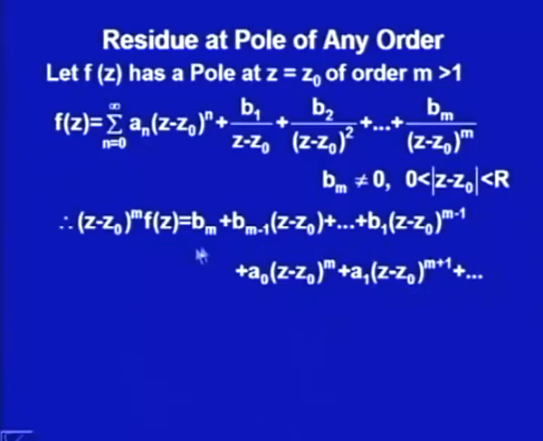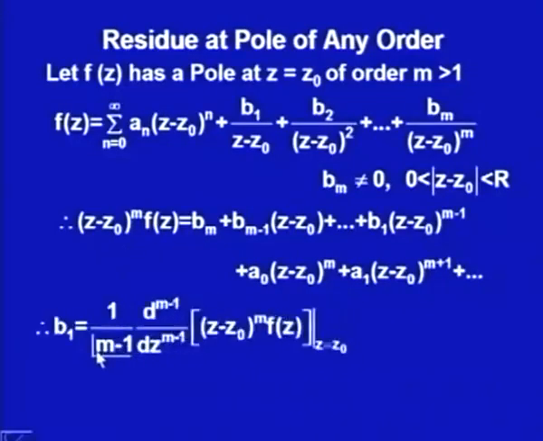That says my residue of f at z equal to z naught, where z naught is a pole of order m, is actually the coefficient of (z - z naught)^(m-1) in the Taylor series expansion of (z - z naught)^m f(z), that new function g(z).